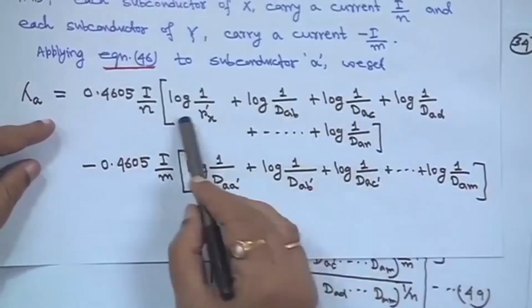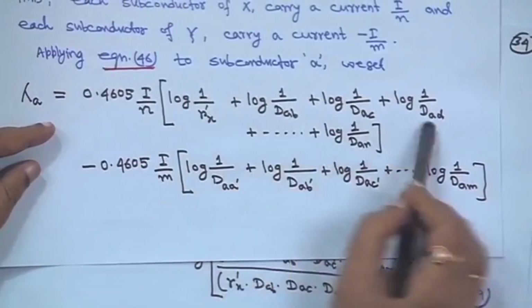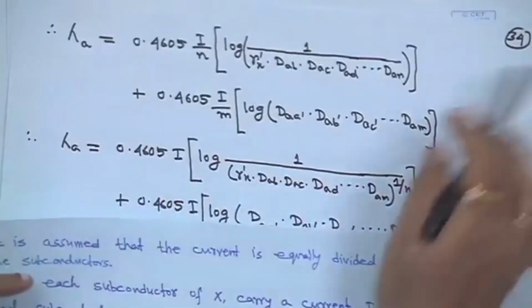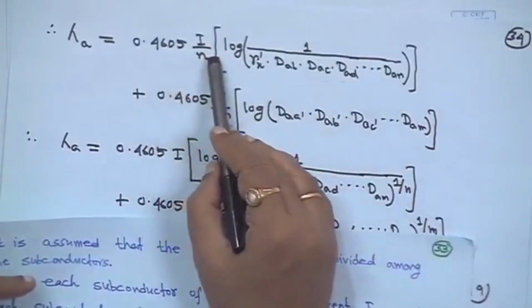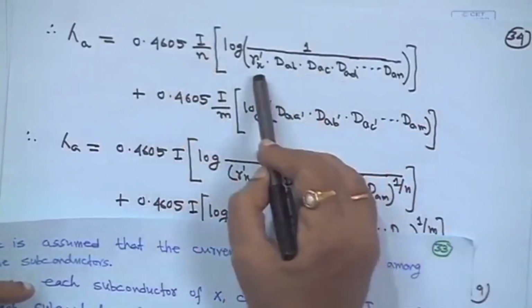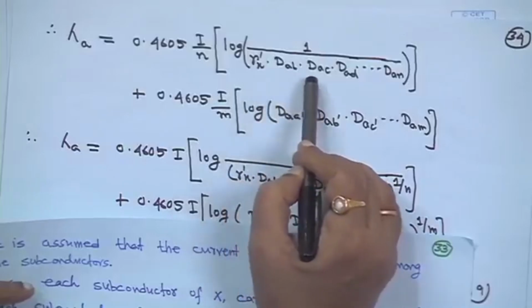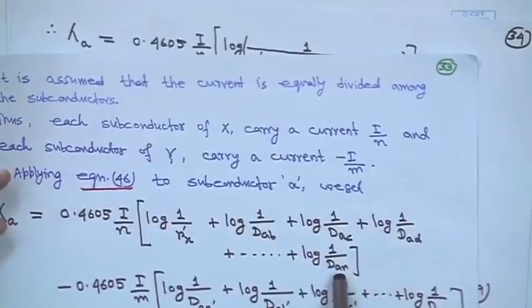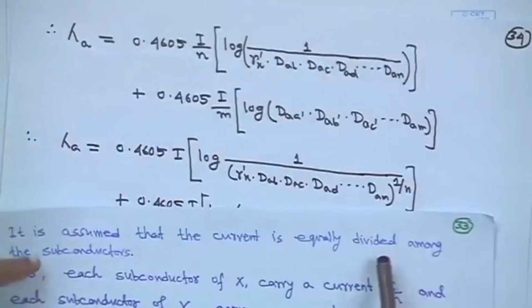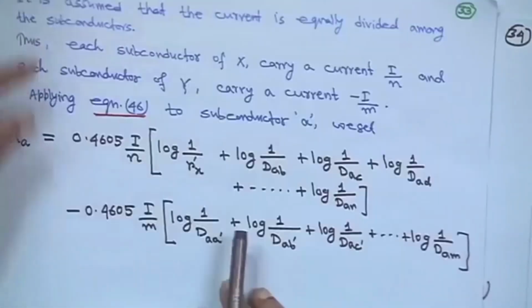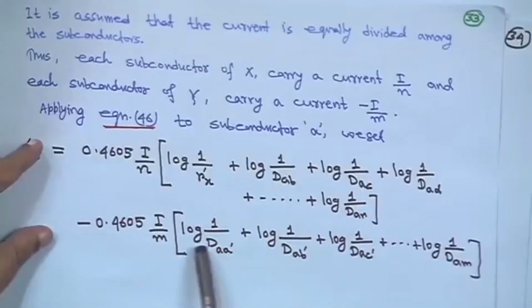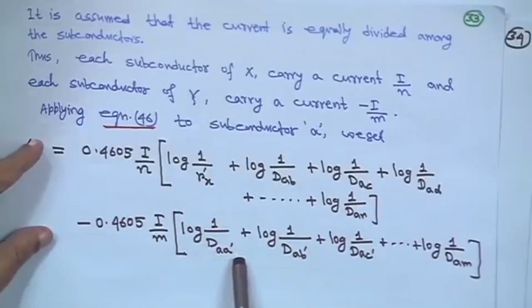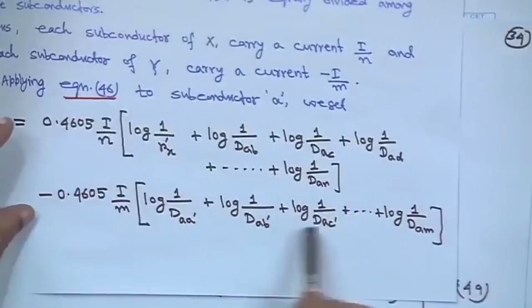Therefore lambda is equal to this term, and all these logs can be combined: 0.4605 I by n log 1 upon r x dash into dab into dac into dad up to dan. And next, this is log of 1 upon daa dash plus log of 1 upon dab dash, like this.